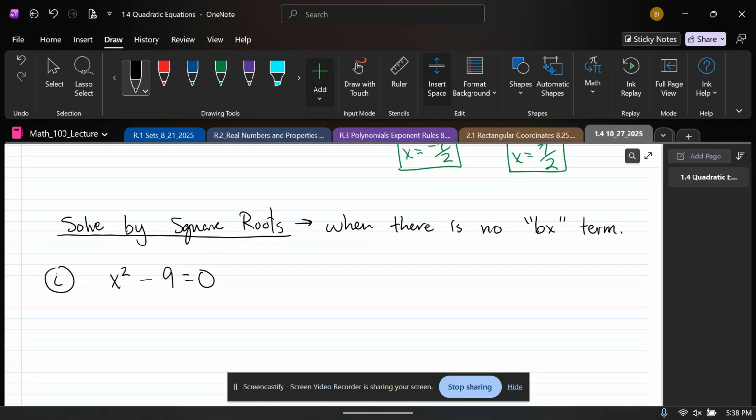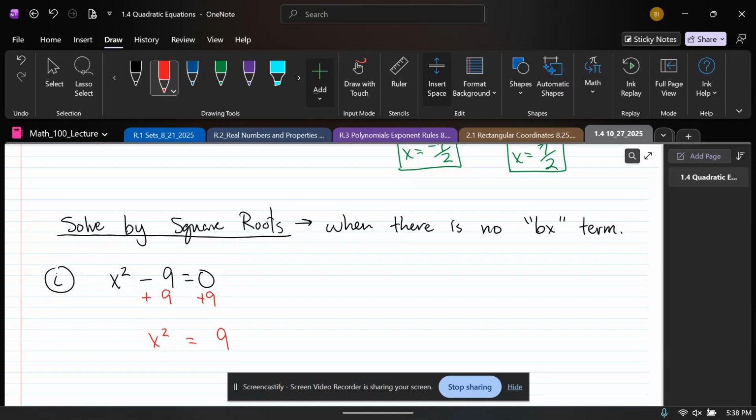And it only works if you don't have the BX term. So in this problem, there isn't a plain x in it. It's got an x squared and a plain number. What I can do is move that 9 over there to the other side. And I get x squared is equal to 9.